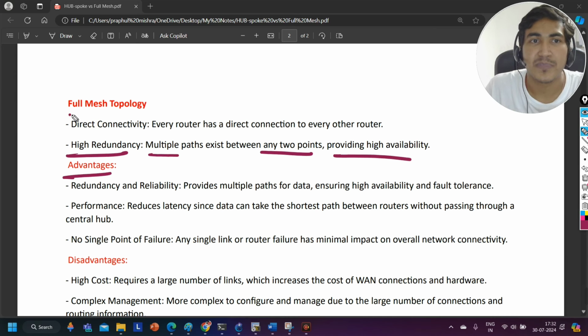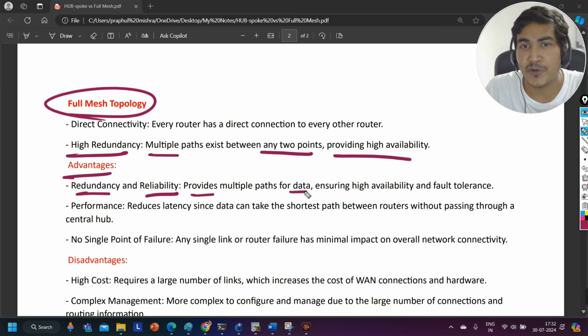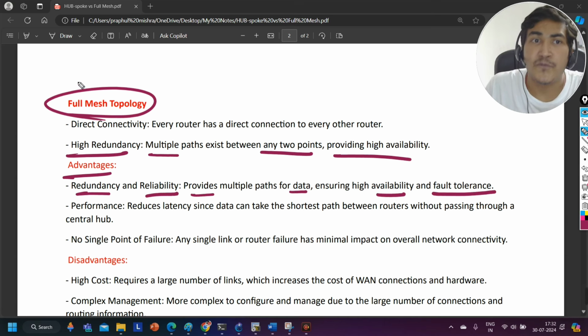Then the advantages of full mesh topology. The advantage can be redundancy. First of all, we have high redundancy here, right? So this is the biggest advantage. Then guys, it is reliable, providing multiple paths for data, ensuring high availability and fault tolerance, right? So full mesh topology is more reliable than hub and spoke topology. After that, performance.